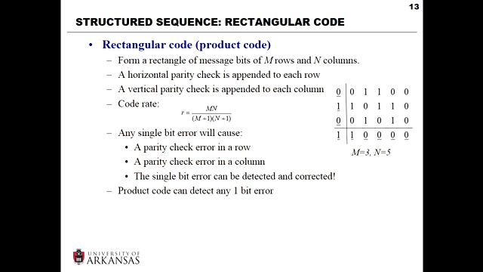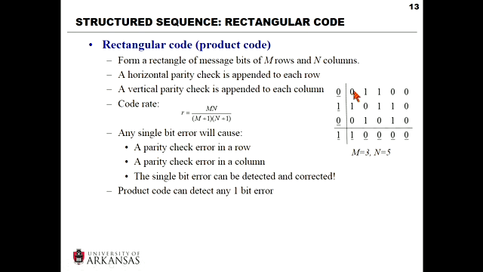So another interesting code is called a product code. A product code is actually a combination of the single parity bit. For a single parity bit, for a message, we just add a single parity, okay? For the product code, or the rectangular code, we form a rectangle of message bits of m rows and n columns.